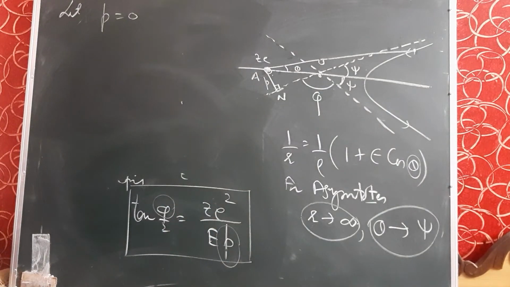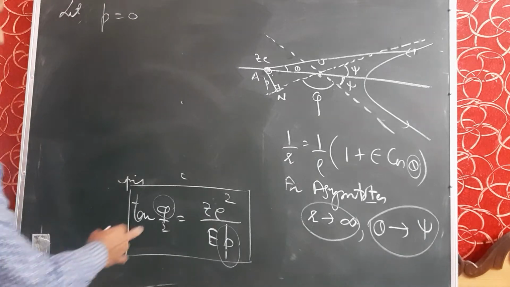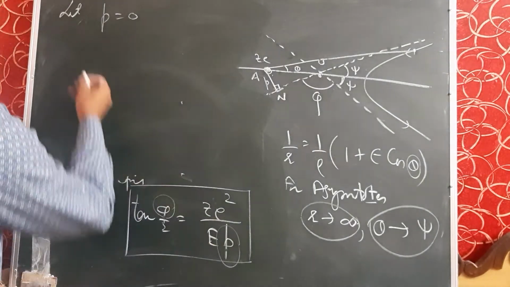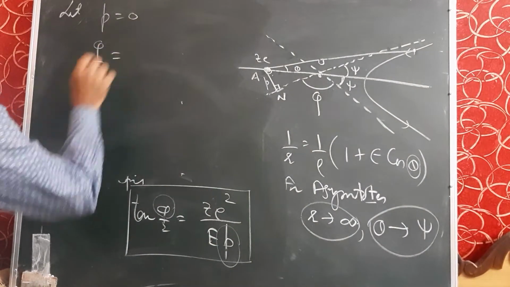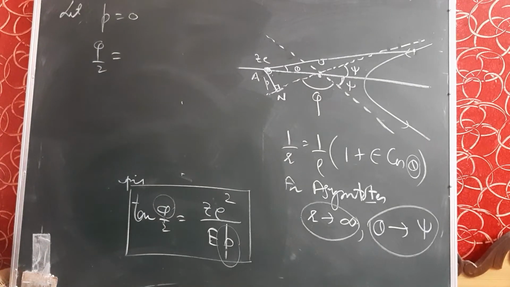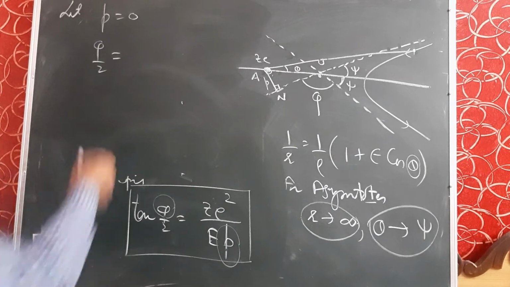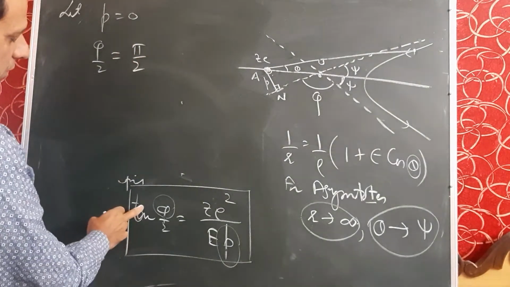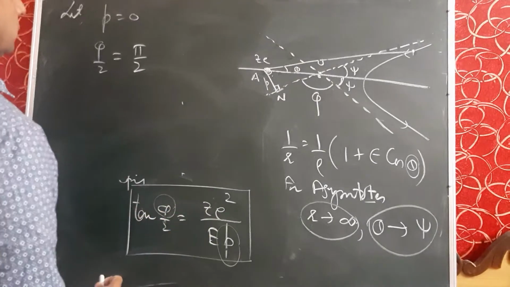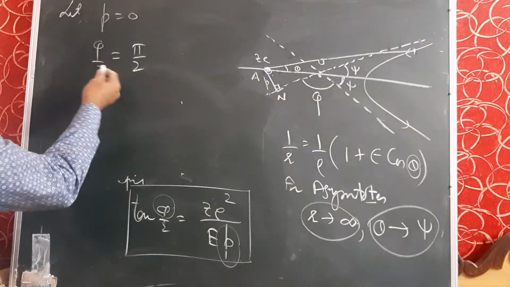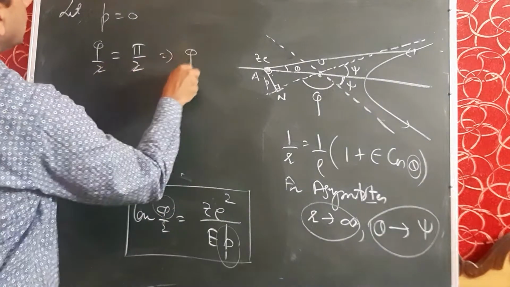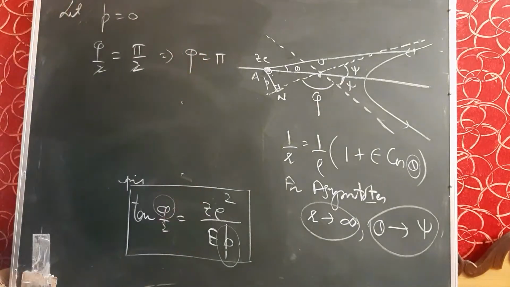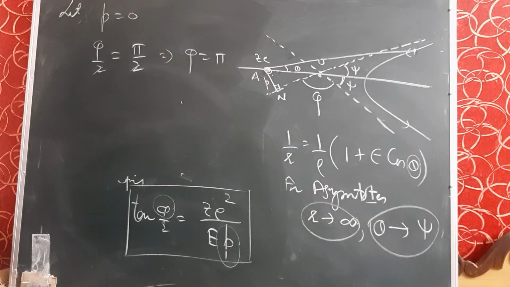It means tan phi by 2 becomes infinity, and hence phi by 2 becomes pi by 2, because you know that tan 90 is infinity. So the angle is 90, and the 2 is cancelled, this implies phi is pi. So phi becomes pi.